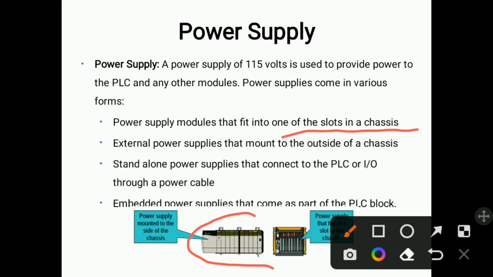This PLC has a chassis, that is, slots are there, and in a slot the power supply module can be fitted. Or you can use an external power supply mounted outside of the chassis. Stand-alone power supplies connect to the PLC or input output through a power cable. Or you can use embedded power supplies that come as part of the PLC block. So this is related to the power supply.